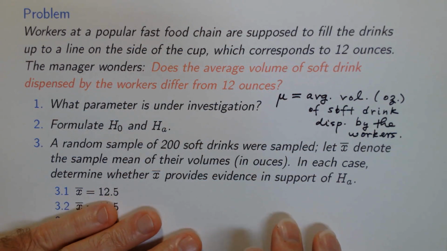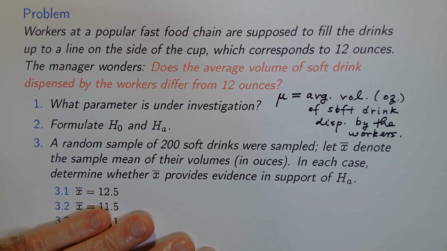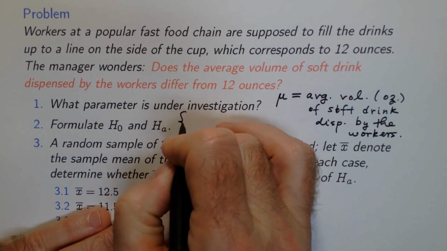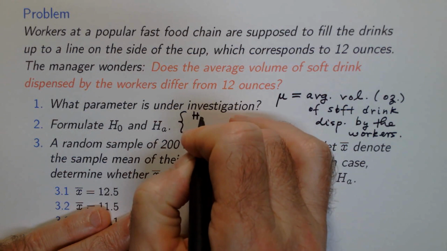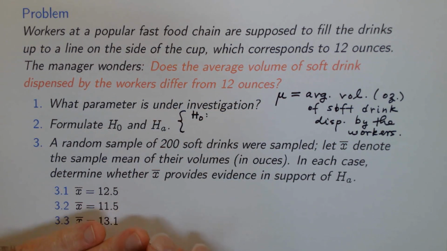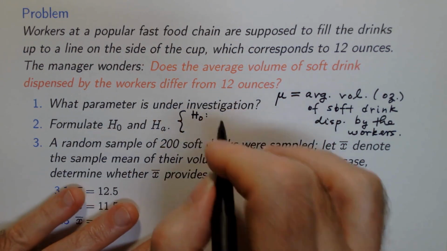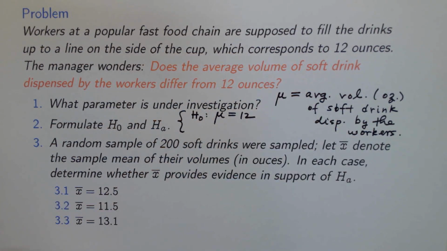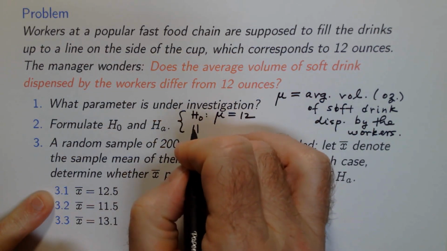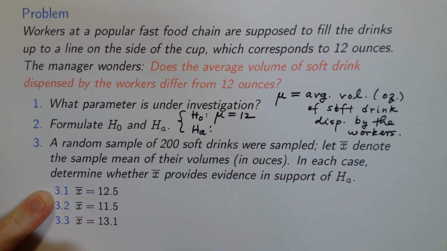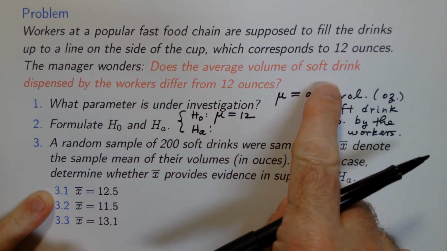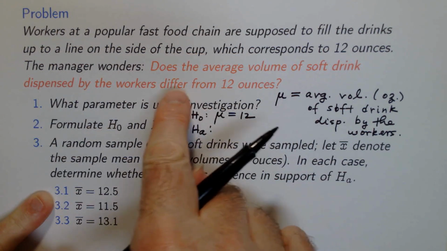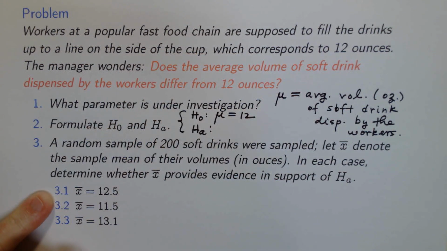And now we have to formulate the null and alternative hypotheses. So we would simply say that the null hypothesis is kind of the no effect hypothesis. Everything is fine. That the mean level is 12. The workers are doing a great job. The alternative hypothesis, though, and we have to be a little careful in this case, is does the average volume of soft drink dispensed by the workers differ from 12 ounces?